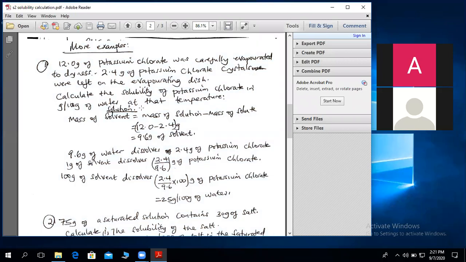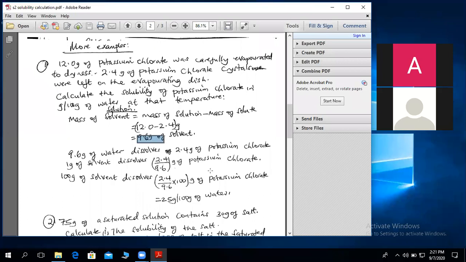So in this case, the mass of the solvent is the mass of the solution, which is 12.0 grams, minus the mass of the solute alone, which is 2.4. So the mass of the solvent is 9.6 and the mass of the solute is 2.4.